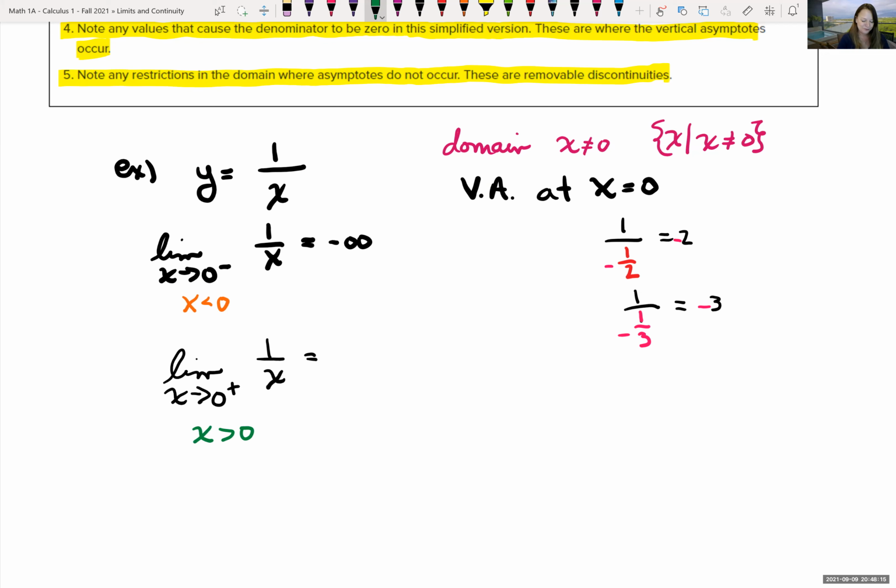They're positive, getting close to 0. So those are going to be blowing up to positive infinity. So we know as we're getting closer and closer to 0 from the left, we're going down, and as we're getting closer and closer to 0 from the right, we're shooting upwards.